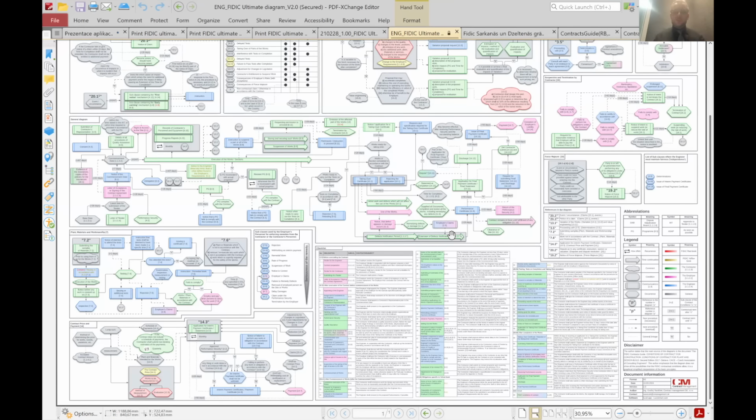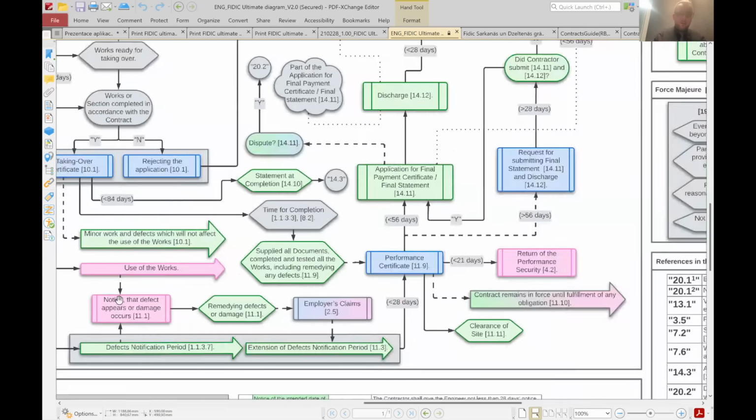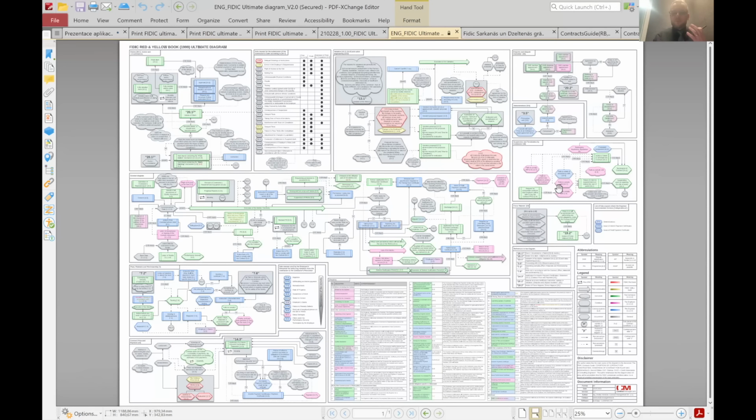And again, most of the time, the employer is working at the end of the contract, when he's finalizing the final payments and when he is using the works. That's why the employer was building it, to use the works. So again, it's really important to understand that the employer is not that active in the Fidic process.